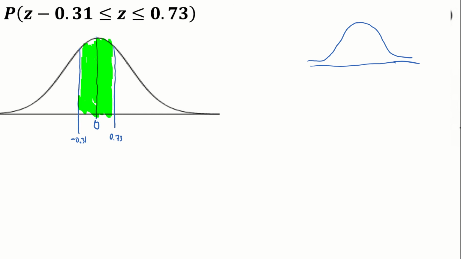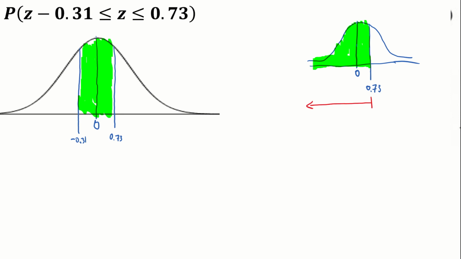So what are we looking at? I'm just focusing now on the 0.73, which is this figure here. I'll come to the negative 0.31 in a minute, but all I can do from the log tables is find 0.73, which will get me all of that region to the left of 0.73.